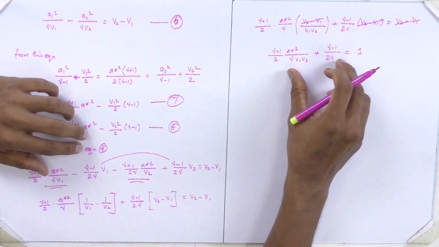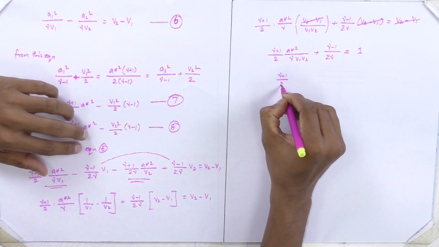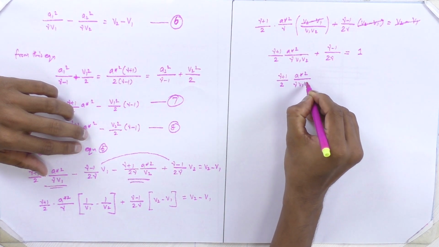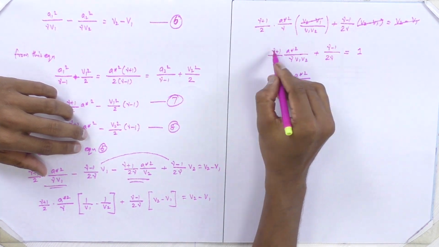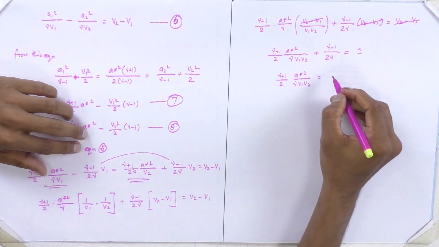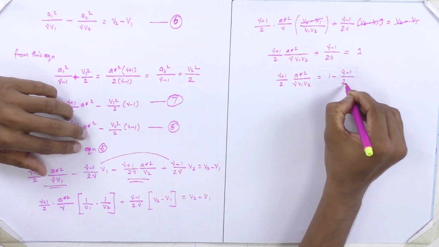Now we will simplify this equation. Just keep this term this side and we will bring this term to that side: 1 minus (gamma minus 1)/(2 gamma).